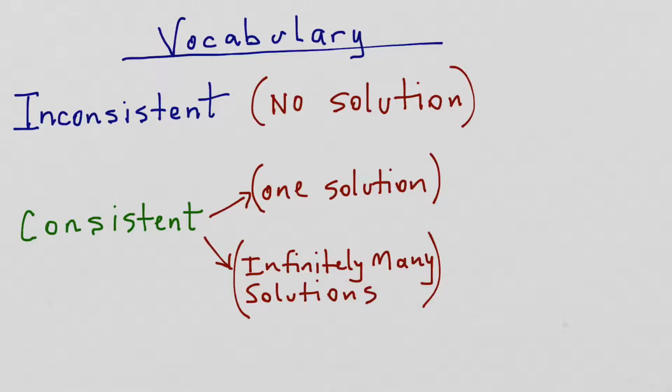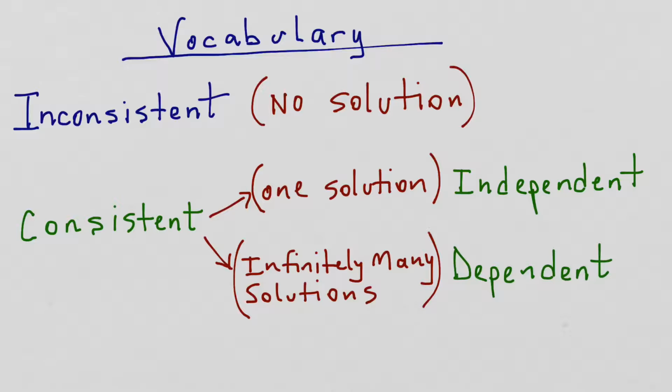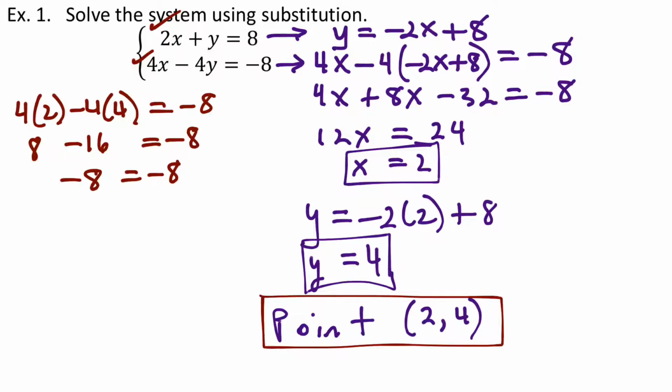So the case where we have one solution, we call that independent. And the case where we have infinitely many solutions, we call that dependent. So let's go back and label our consistent independent case and our consistent dependent case. So here is our problem where we ended up with 1 point as our solution. So this would be labeled consistent independent.